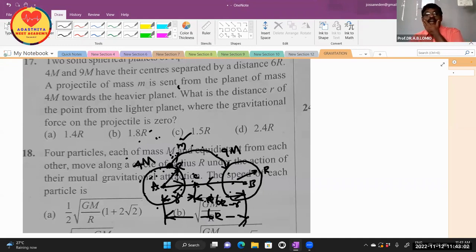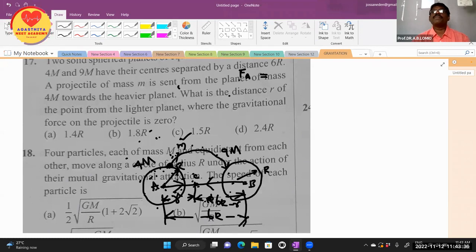Now, let us calculate the force of attraction between the 4m and the projectile, and between the 9m and the projectile. After that, equating that force of attraction, find out the position. Now, the force of attraction between the lighter mass and the projectile.